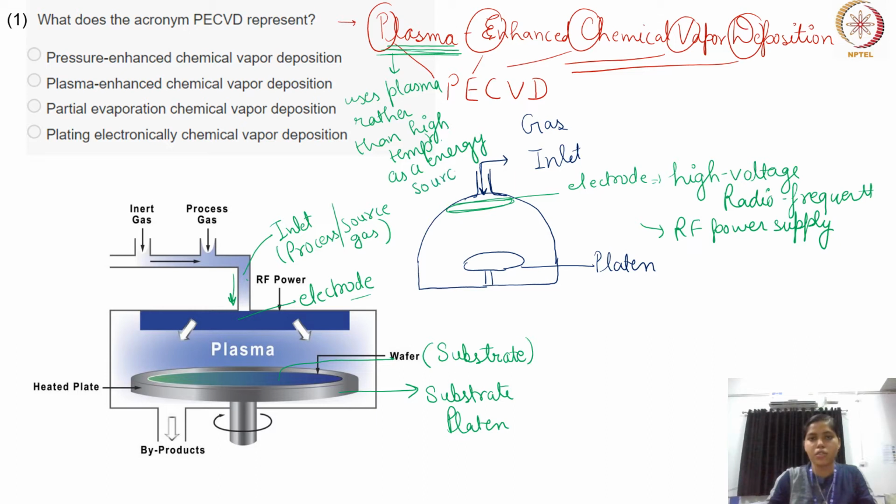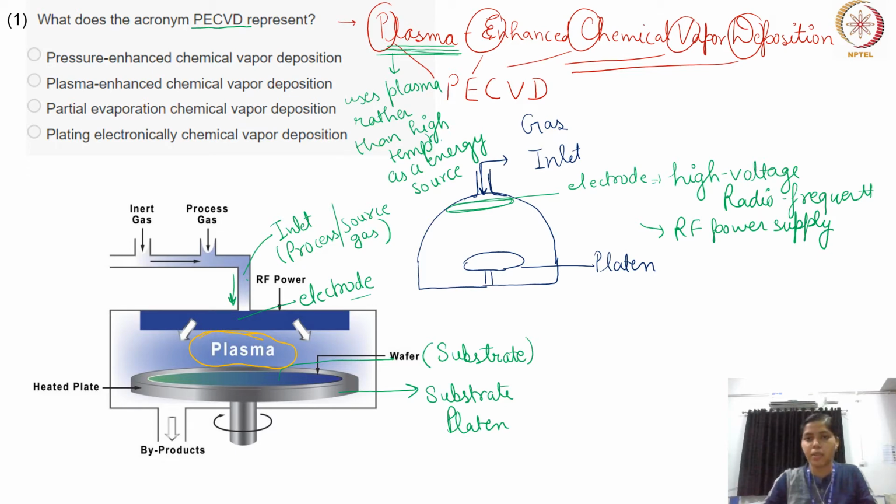In comparison to other chemical vapor deposition techniques, this PECVD technique uses plasma as the source of energy. So as you can see here, this is the plasma that will be created between these electrodes.